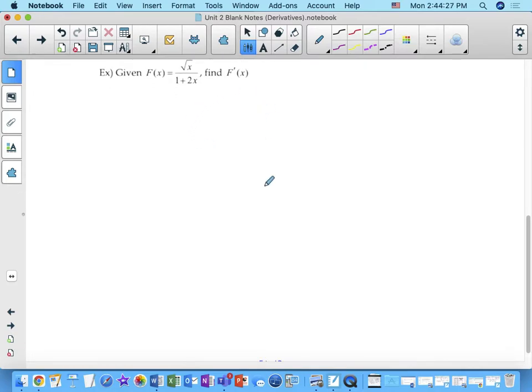Given f of x, find f prime of x. Okay, so same drill. u equals the square root of x, which is x to the 1/2. Okay, that means u prime is 1/2 x to the negative 1/2.